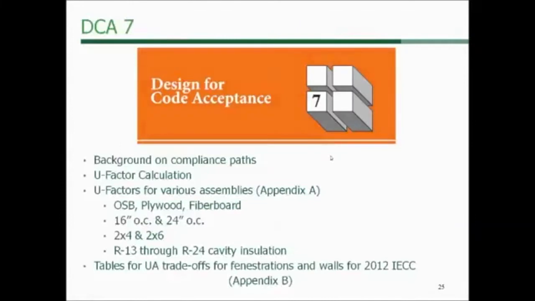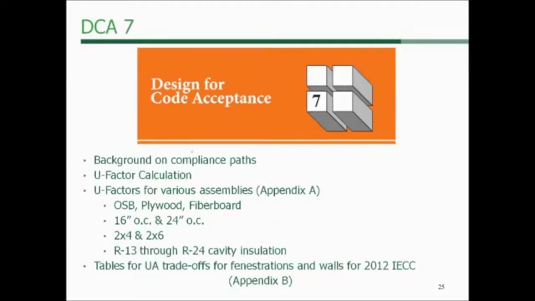Wouldn't it be nice if you had a design for code acceptance that did all those calculations for you? That's what DCA7 is. So that's the design aid that we've got. It has background on compliance paths and U factor calculations, just like we went over in this presentation.